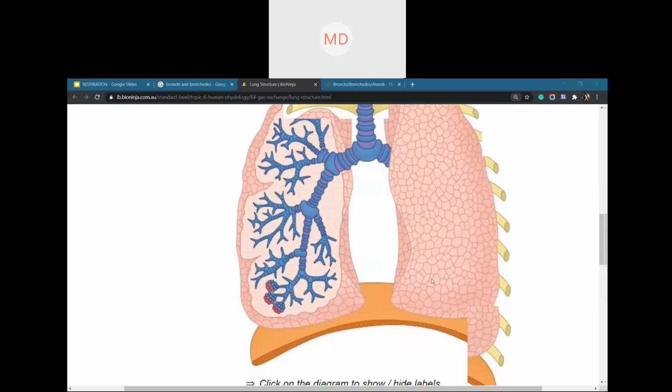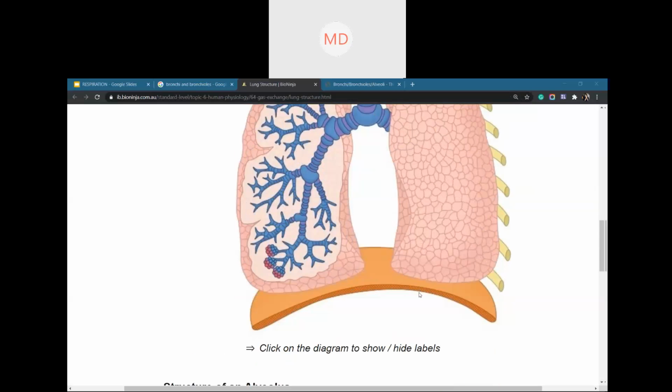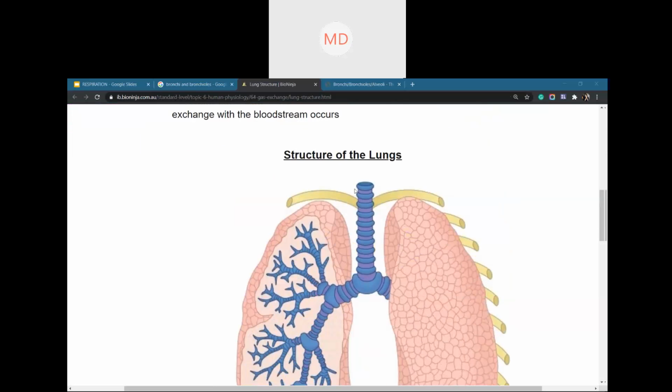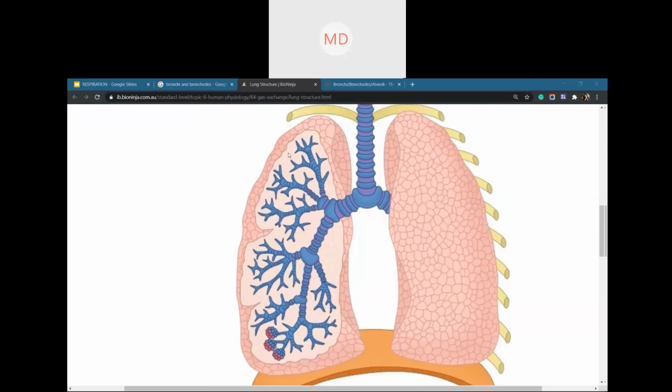This is the diaphragm that we talked about yesterday, the dome shaped diaphragm. These are the ribs, and these are the lungs. And inside the lungs are the bronchi and bronchioles and the leaf-like portion.